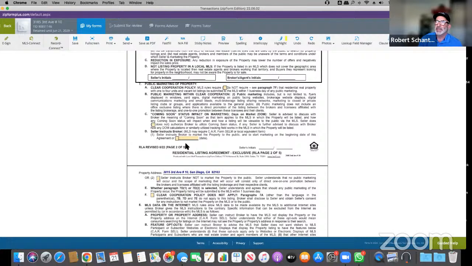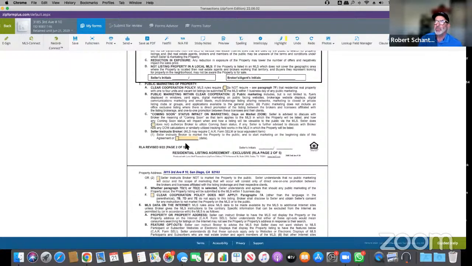So you have a listing that is in coming soon status. It's available for 21 days in the MLS and it converts to active. But within that 21 days, you're marketing the property, but you can't show the property. You're just gaining attention for the property.